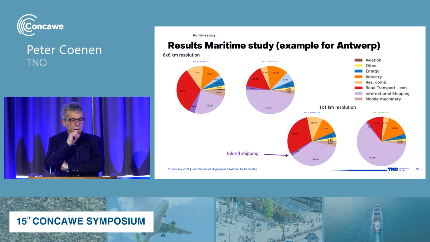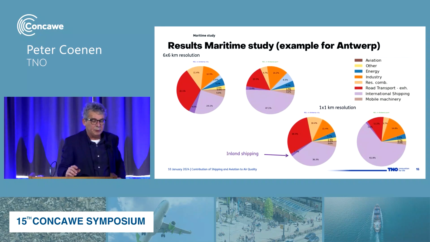If you go down to 1 by 1 kilometer resolution, the percentages change a little bit because you then have no smearing of emissions and concentration. So higher resolution gives you a better picture, but the contribution from international shipping is even higher than calculated on the 6x6 kilometer.